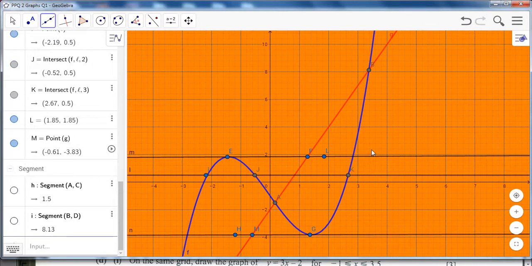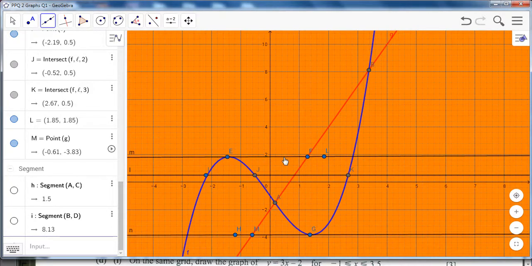All right. So as I explained in class, between this line, which is line M, and the second line, which is line N, all the lines which will be drawn in between this range will obviously cut the graph at 3 points, because there will be 1 point here, 1 point there, and the third point at the last part of the curve.